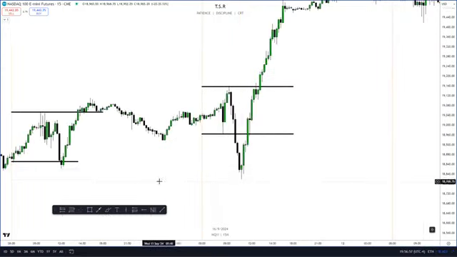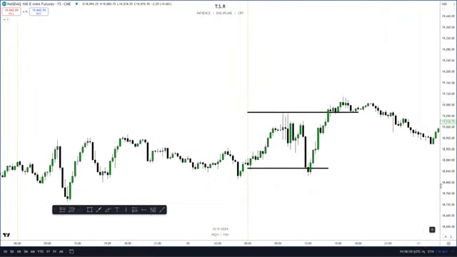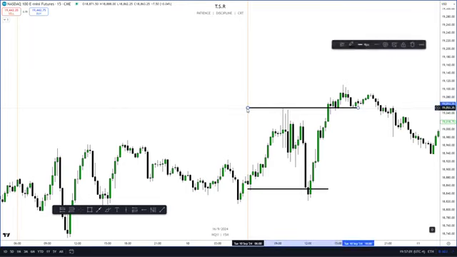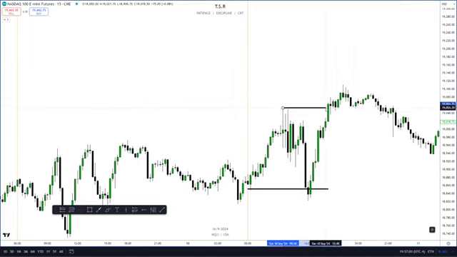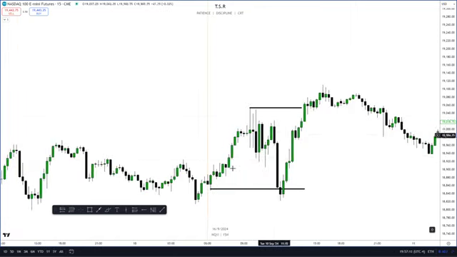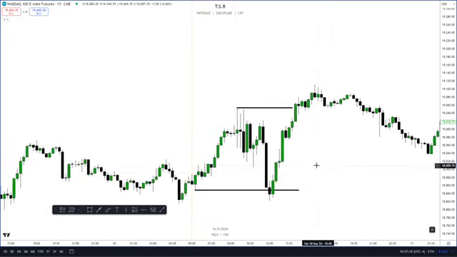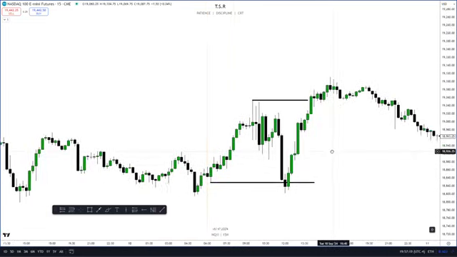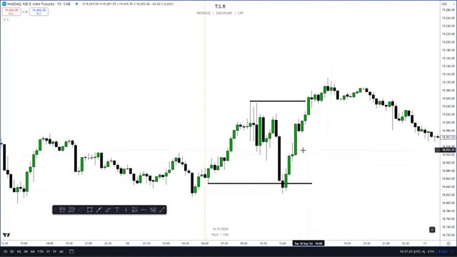All right, let's try to locate that 15-minute CRT at the high or low of the 4-hour CRT. Right? So step 1 was to draw out the high and low of the 4-hour CRT. That is complete right here. Step number 2, locate a 15-minute CRT at the low or high of the 4-hour CRT.